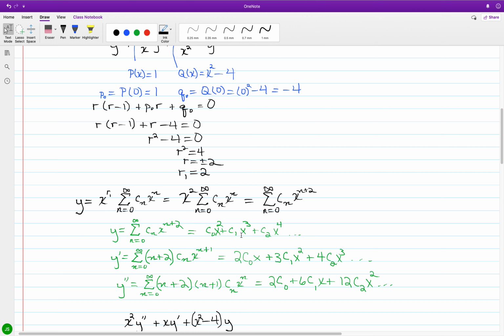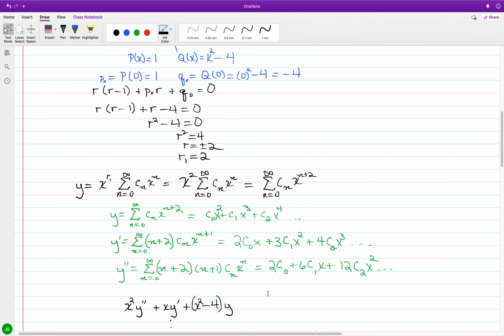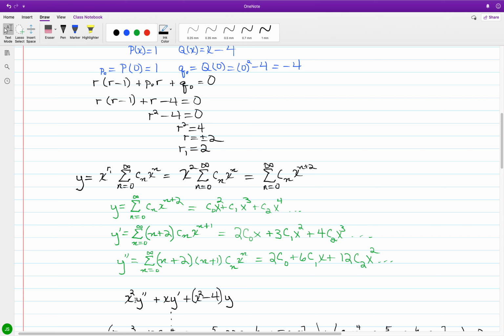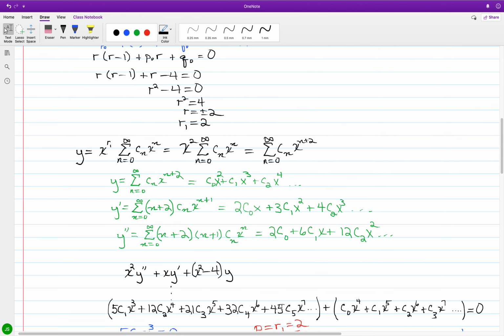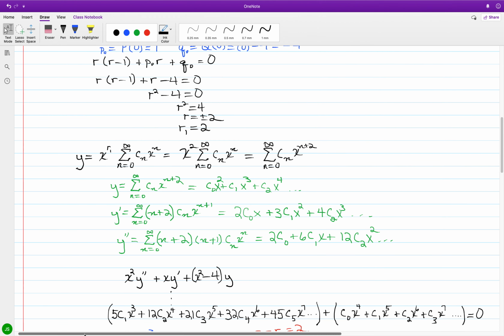And taking these sets of terms into the equation, we're going to combine like terms and arrange. I did a little bit of a shortcut, and we have 5c1x cubed, 12c2x to the 4th, and we also have c naught x to the 4th, c1x to the 5th, c2x to the 6th, and so on. And again, this is equal to 0. So we have the differential equation set equal to 0.